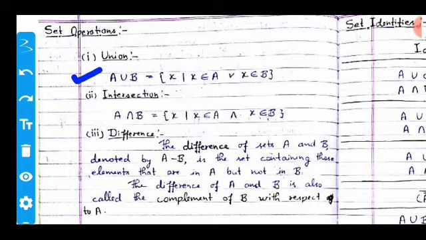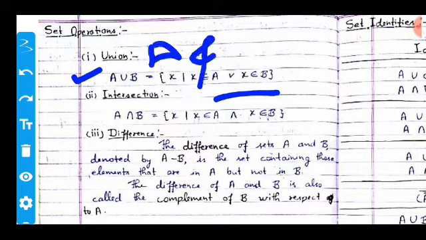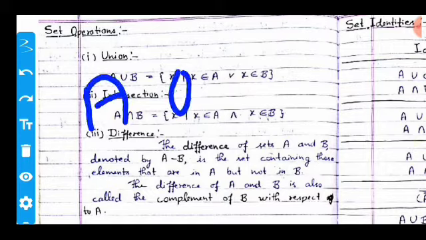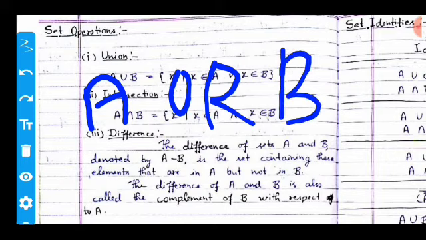Here A union B is equivalent to x, where x belongs to A or x also belongs to B, meaning it is a combination of set A or set B.